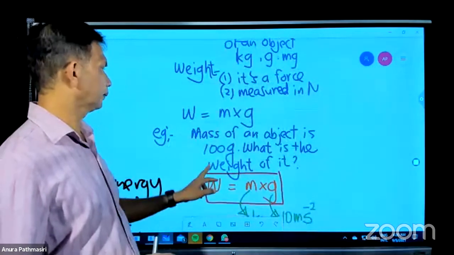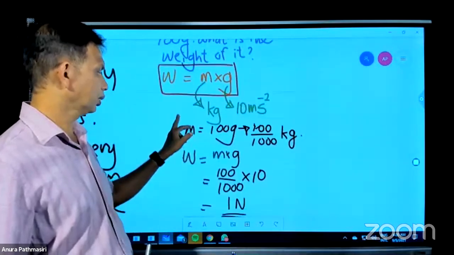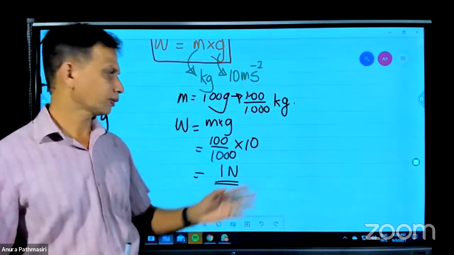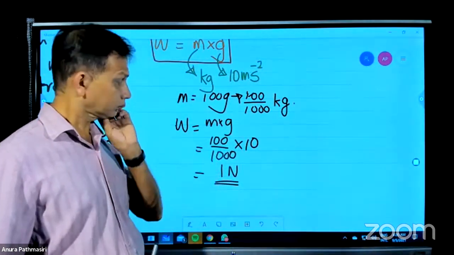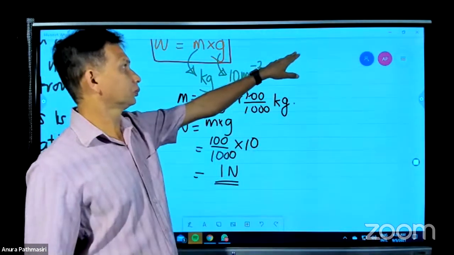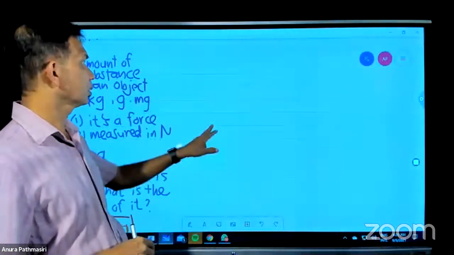Then we went on talking about finding the weight of a given mass. When it is 100 grams, it will exert 1 Newton force. Still I'm not going to give you the question.